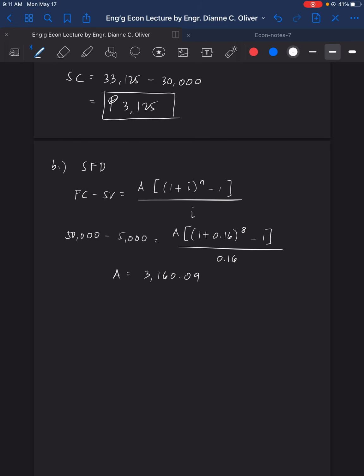So that is evenly distributed. So we will have to find the total depreciation, the total annual worth in the third year.